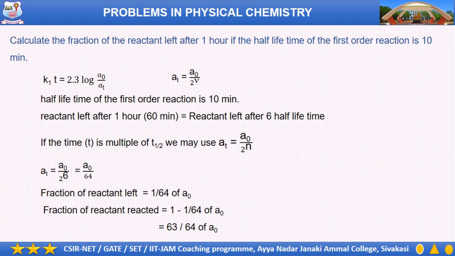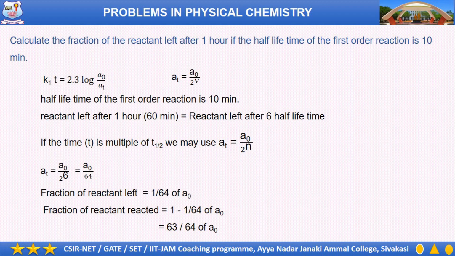Therefore, the time 60 minutes can be converted into equivalent to 6 half-life periods, isn't it? If the time required is a multiple of the half-life period, you can make use of this equation very easily.